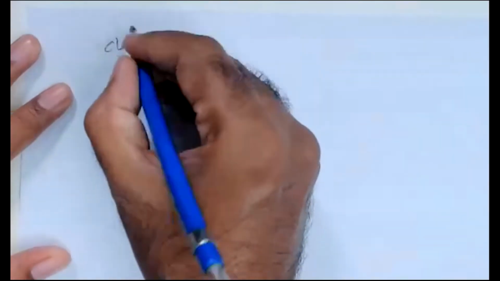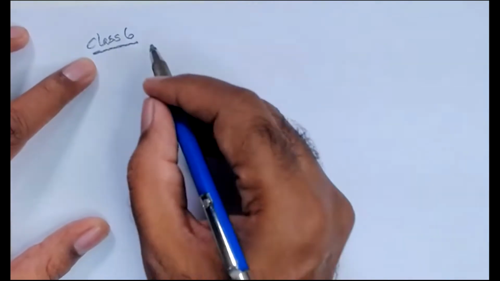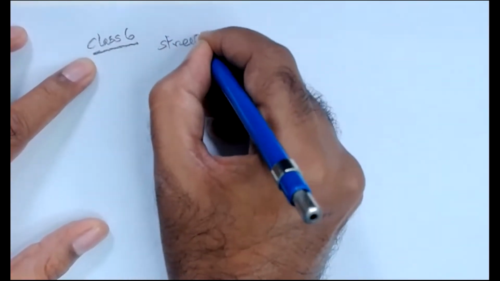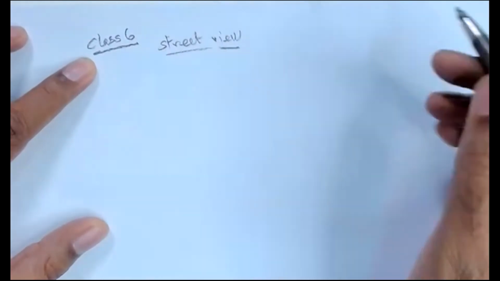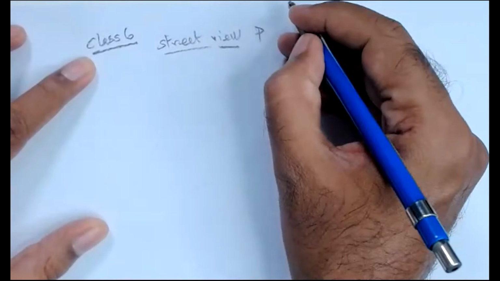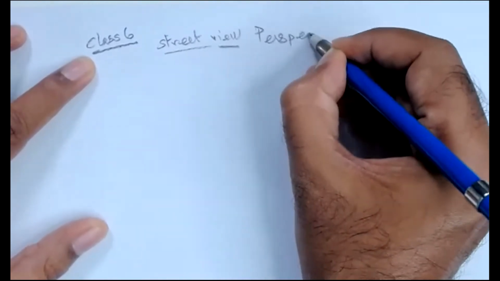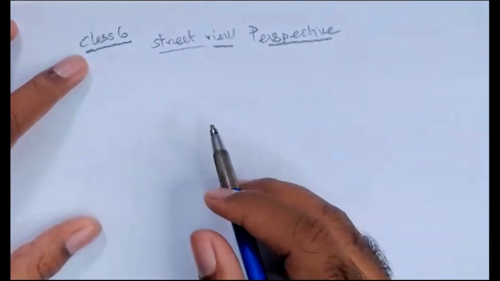This is class 6, and how to draw a street view. So the concept of perspective also.